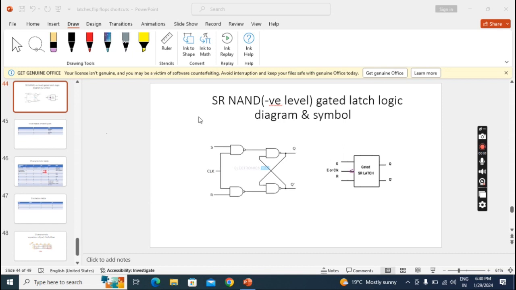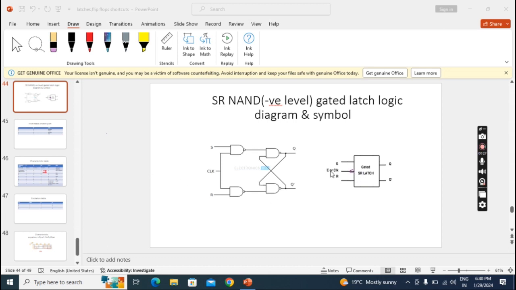In this lecture, we'll see the SR NAND gated latch with negative level. Negative level means here we are applying clock or enable at negative level 0. So it will trigger a response when we apply 0 at clock. In the symbol we have to keep a bubble at clock. That's the representation.